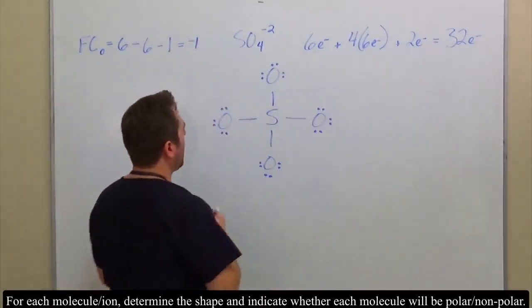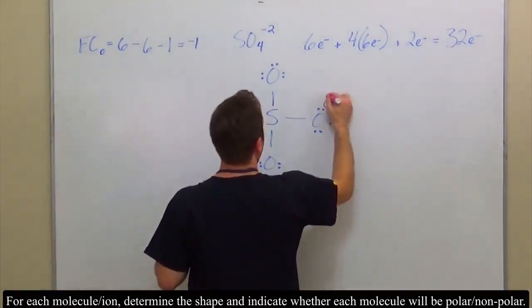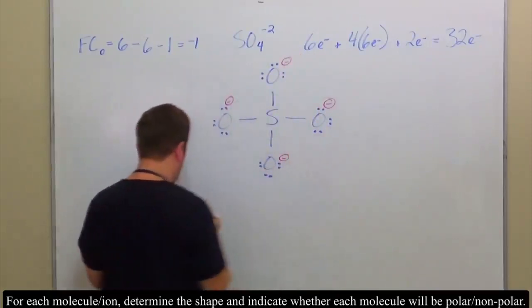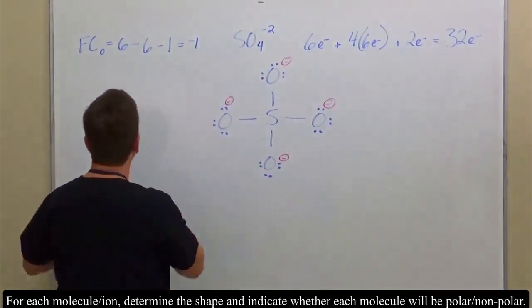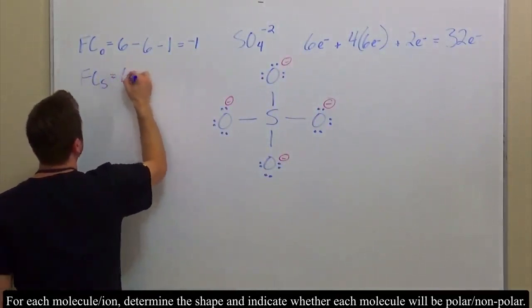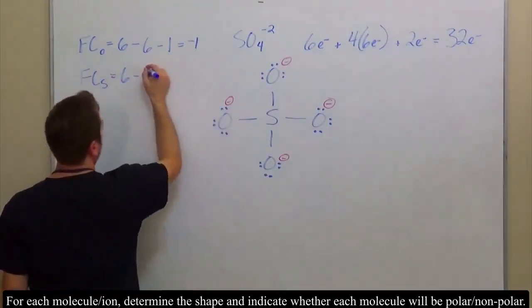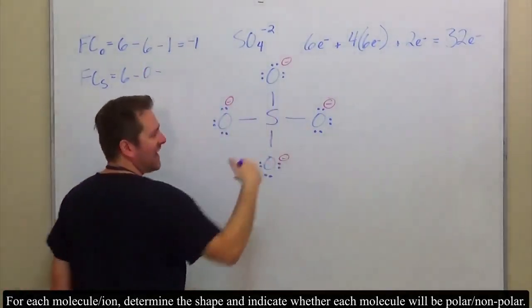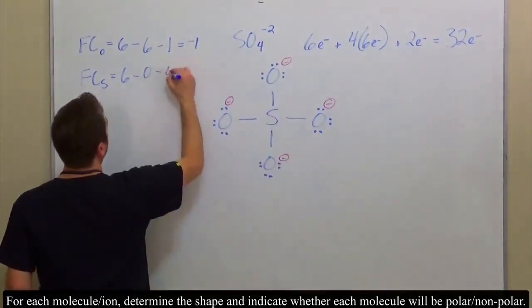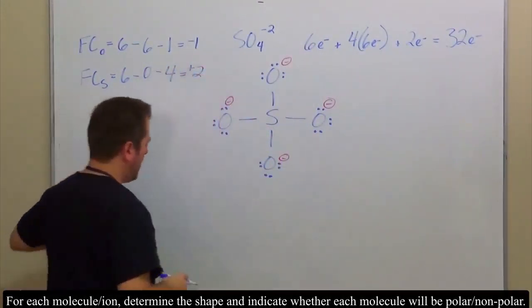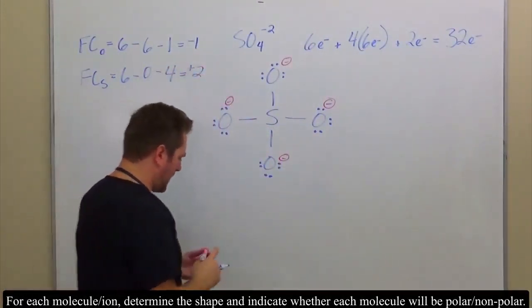So let's make note of that. -1, -1, -1, and -1. Okay. Now for the sulfur. It's in group 6, minus 0 unbonded electrons, minus 2, 4, 6, 8. 8 divided by 2 is 4, and that ends up being a +2 charge. That's kind of a problem, guys.